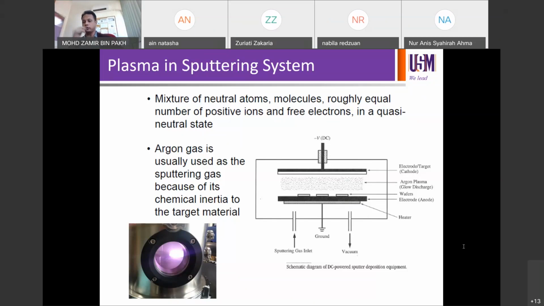That means if you have gas that reacts with the material, so instead of, say, you want to deposit ITO, you sputter ITO, and you want to deposit that ITO layer of say 100 nanometer on your silicon, then you will end up having ITO plus something else, an unintended gas compound within your film, right?